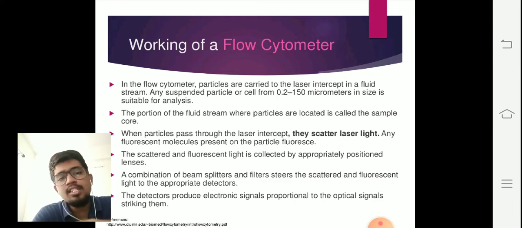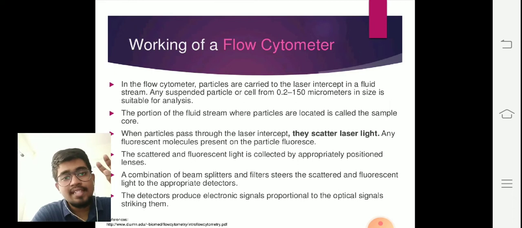When particles pass through the laser intercept, they scatter laser light. I talked about the laser scattering initially, the side scattering and the forward scattering, and this is all about that. Any fluorescent molecules present on the particle fluoresce.